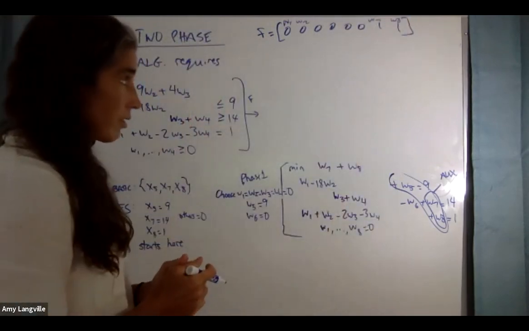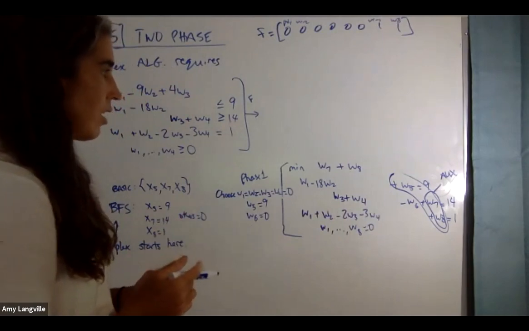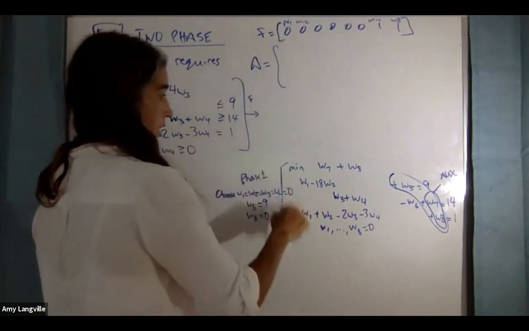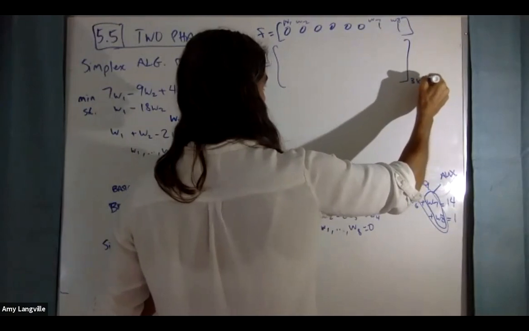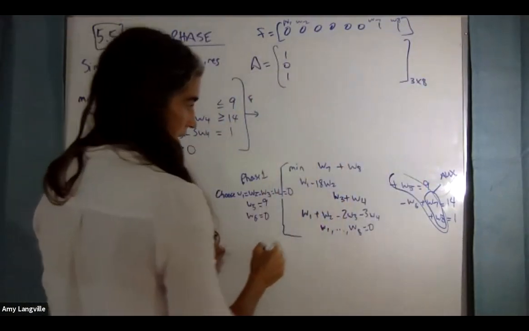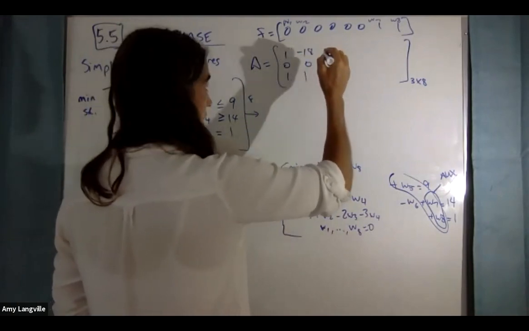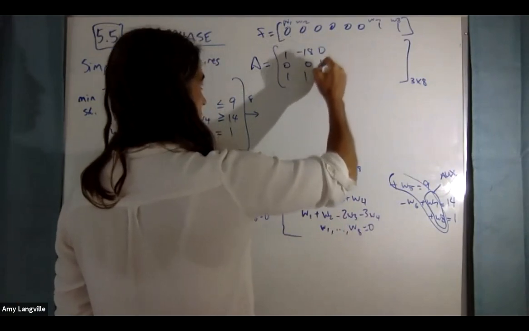Your objective function vector is always n by 1, the number of variables n. A is, there's 3 constraints, so this will be a 3 by 8 matrix. You pull off the coefficients, which this first column, second column minus 18, 0, 1, third column for W3 is 0, 1, minus 2.